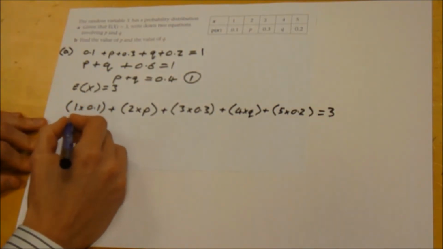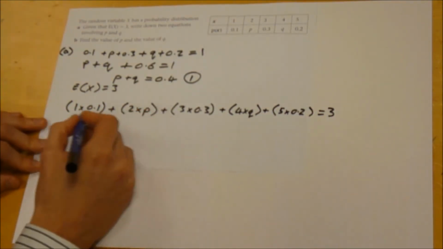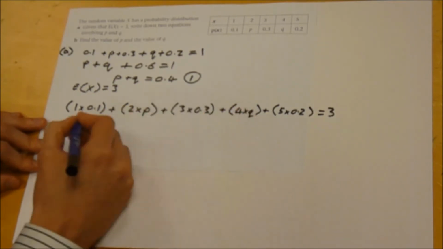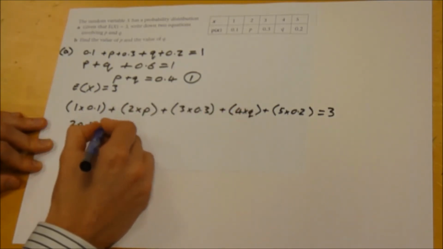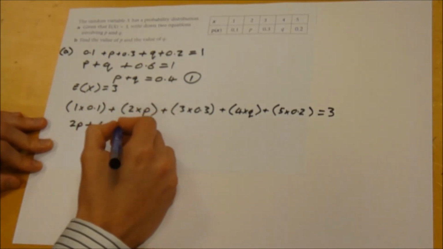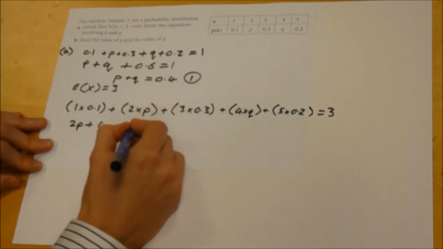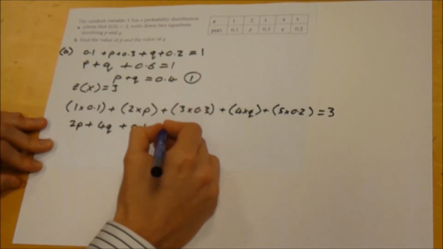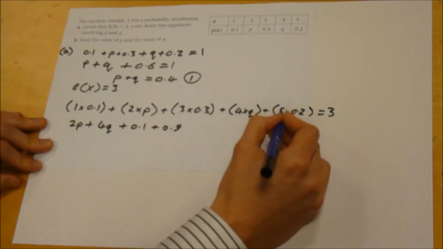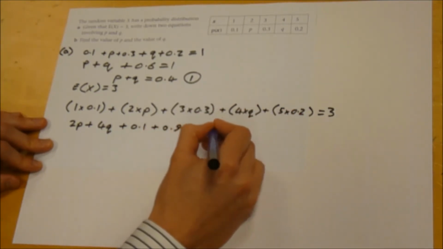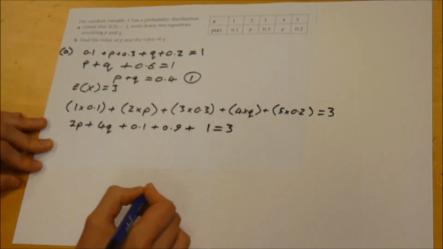Right, so let's tidy that one up again as well. Well, let's start by doing the 2p plus the 4q, and then sort out these numbers. 1 times 0.1 gives me plus 0.1, 3 times 0.3 gives me add 0.9, and then 5 times 0.2 gives me plus 1. That's still all equal to 3.